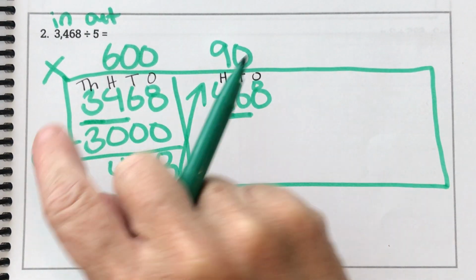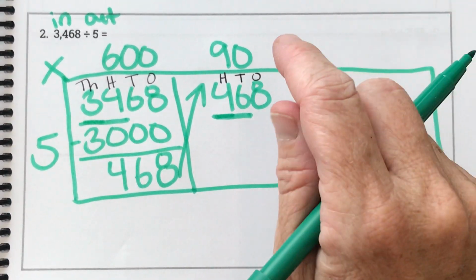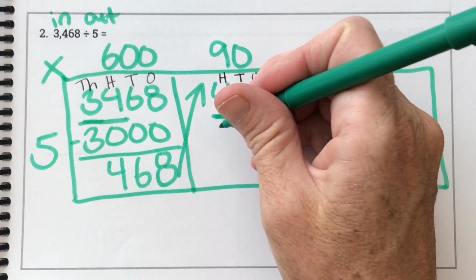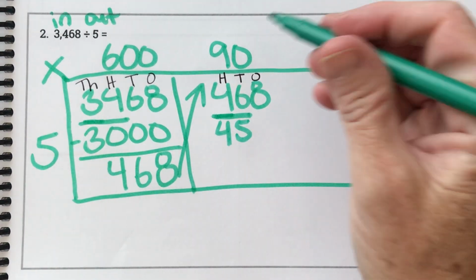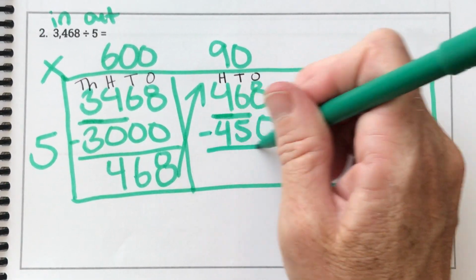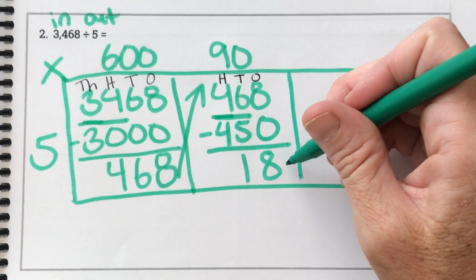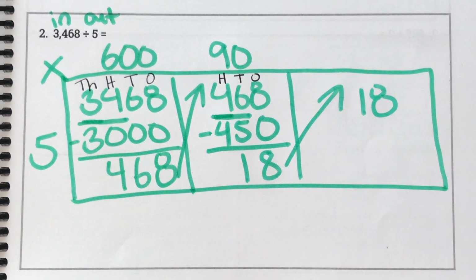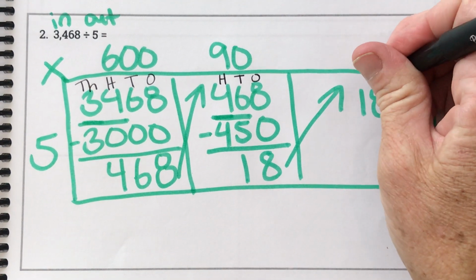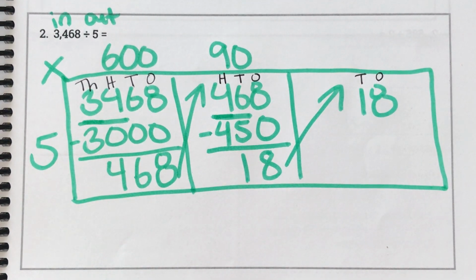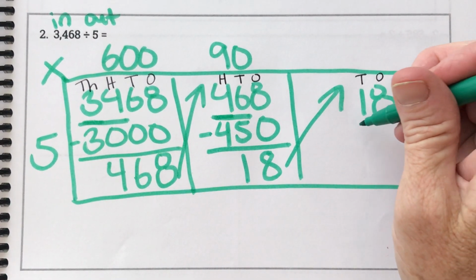Okay, 90 times 5 is 450. And I know because 9 times 5 is 45, and then I'm going to add the extra 0. Okay, so I subtract and I get 18. So we have ones and tens. Okay, 5 can fit into 1?